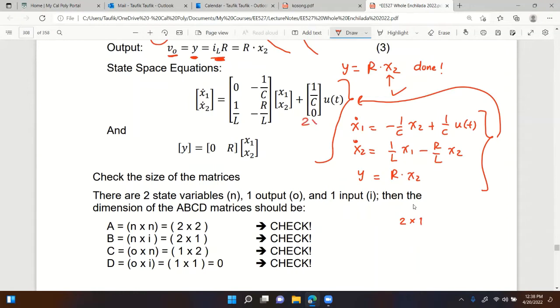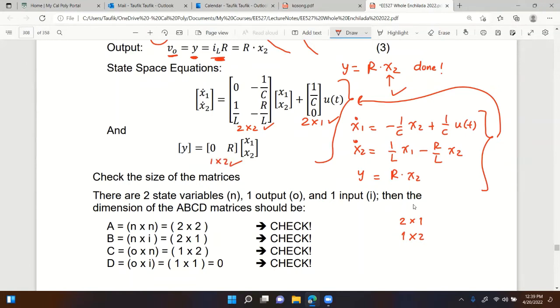That's what I have, 2 by 1. 2 by 2, good. 2 by 1, good. All right, matrix C is O by N, which is 1 by 2. Is that 1 by 2? It is, right?